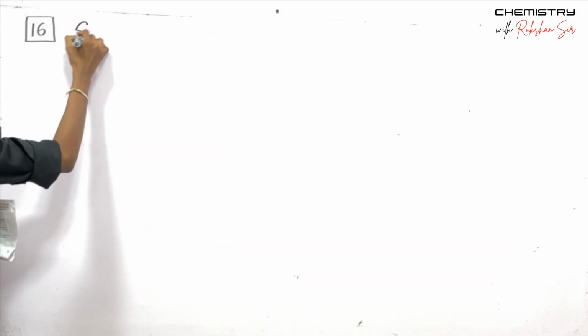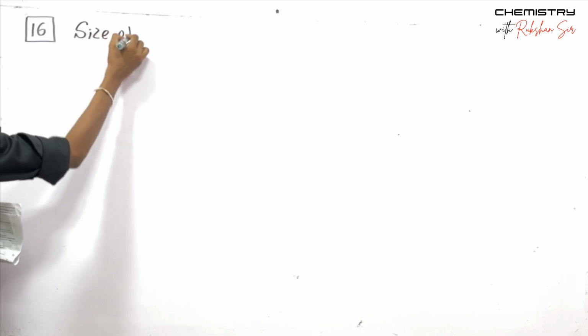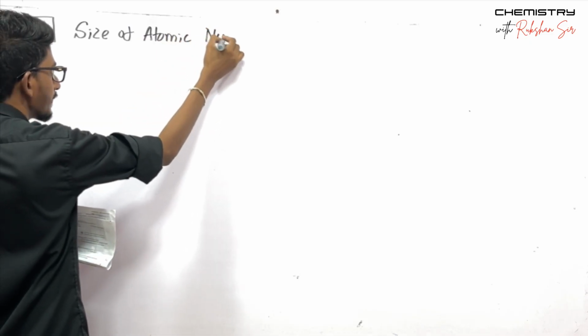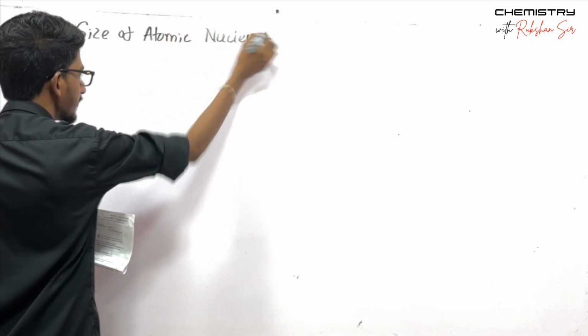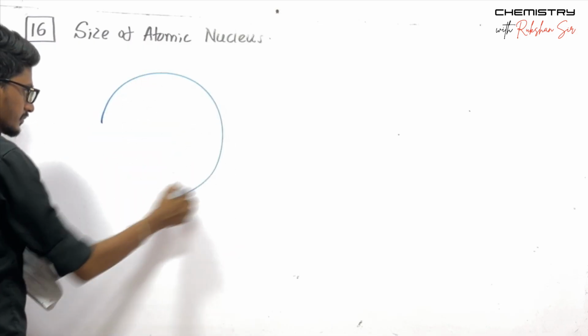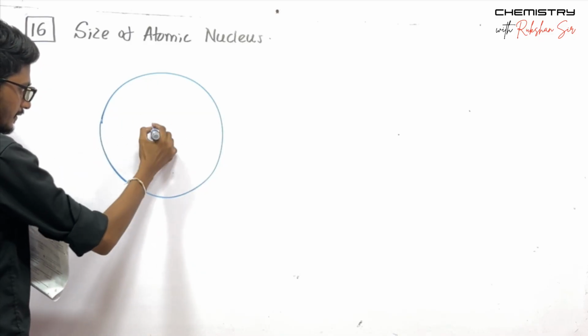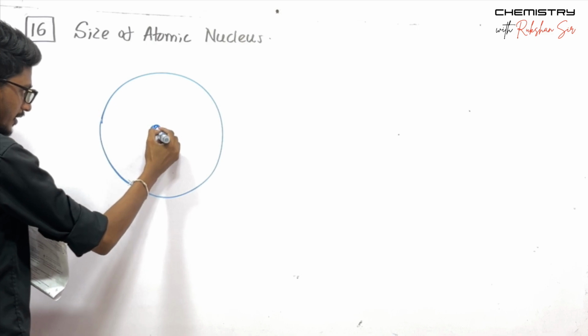It's about the size of the atomic nucleus. Now, what was the size of the atomic nucleus first of all? So take the atom like this. This is going to be the nucleus, which is positively charged.